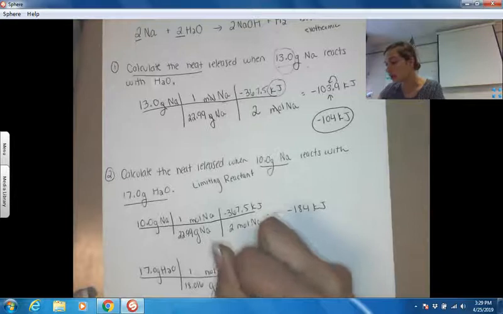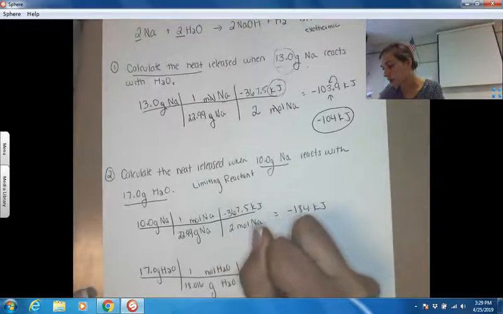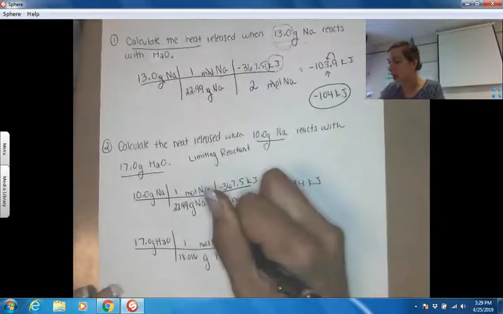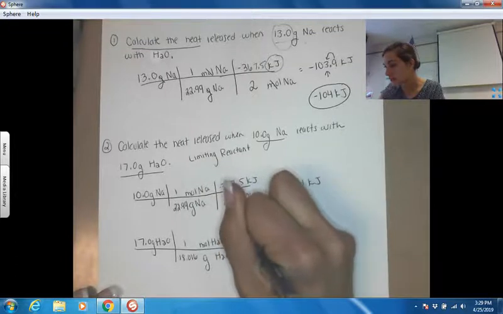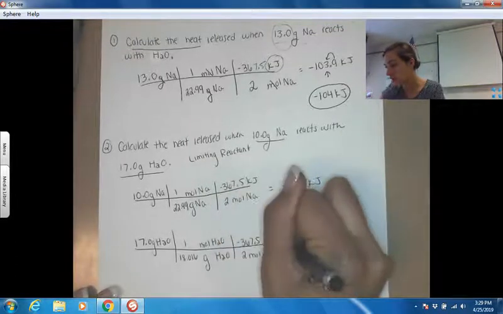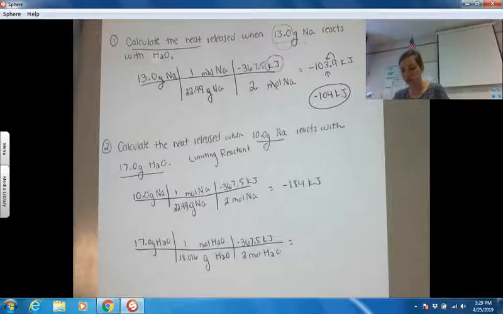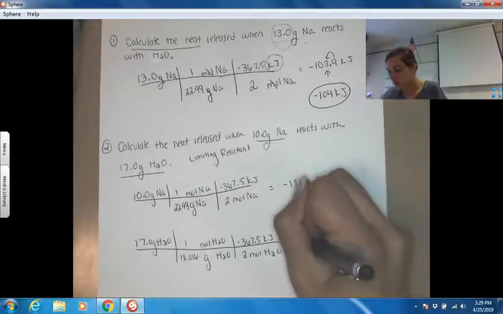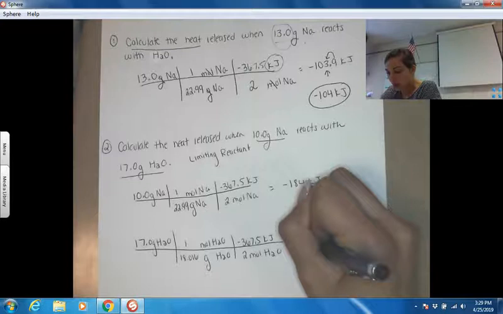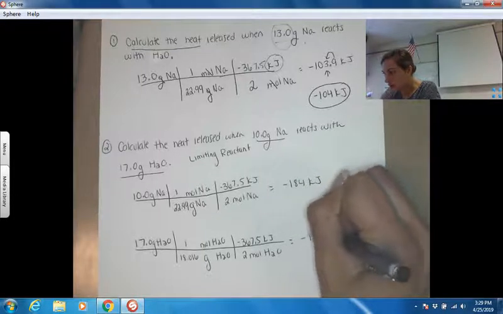So I'm going to have 2 moles of water on the bottom and negative 367.5 kilojoules of energy on top. I'm going to solve this the same way. All right, so this one gives me negative 173 kilojoules.